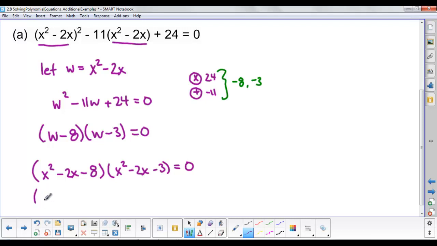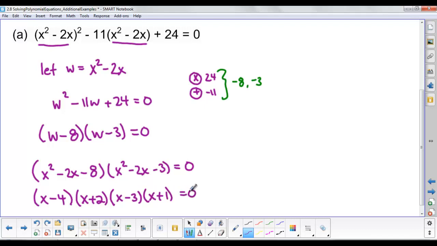Two numbers that multiply to -8 and add to -2 are -4 and +2. And then think of two numbers that multiply to -3 and add to -2. Those give us x minus 3 and then x plus 1.